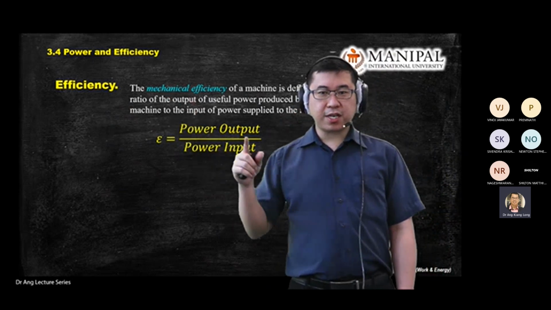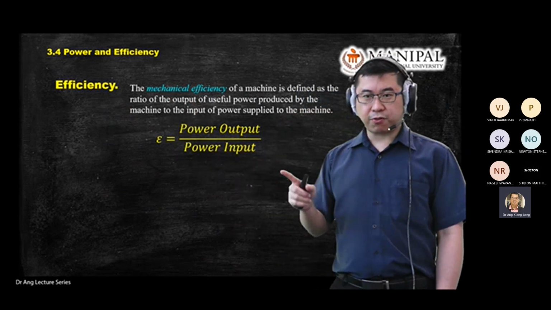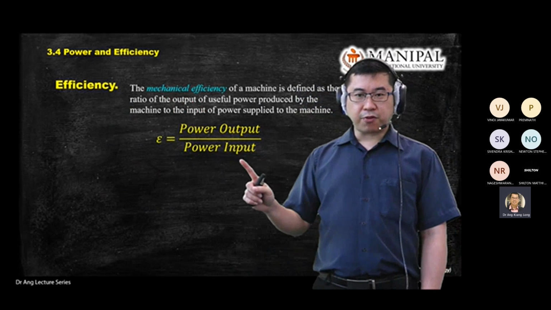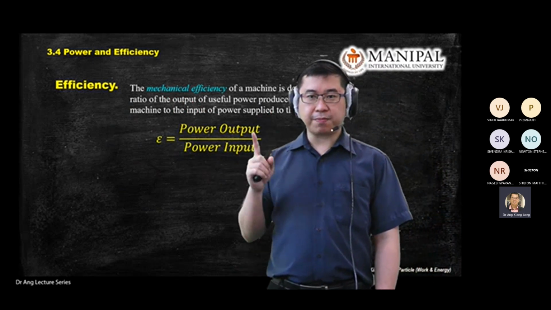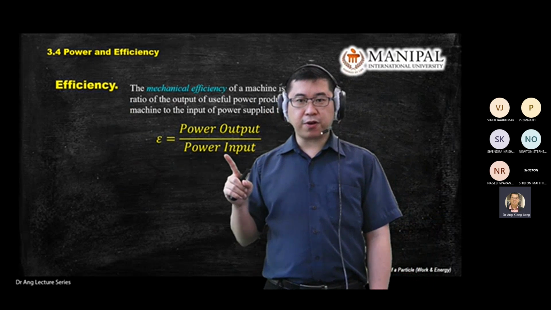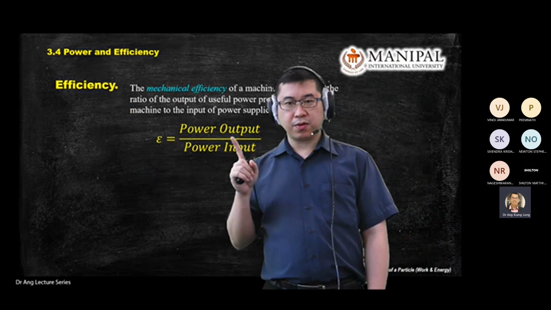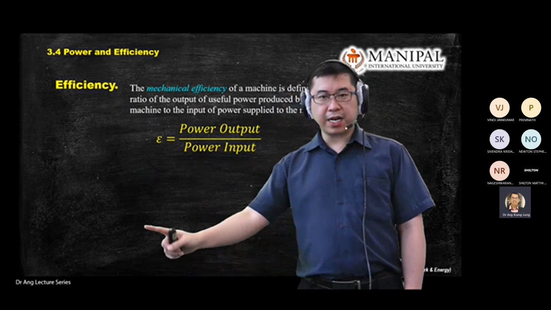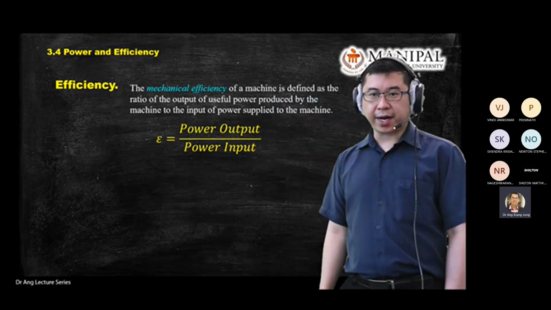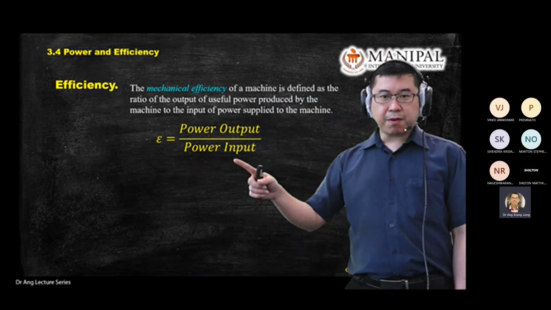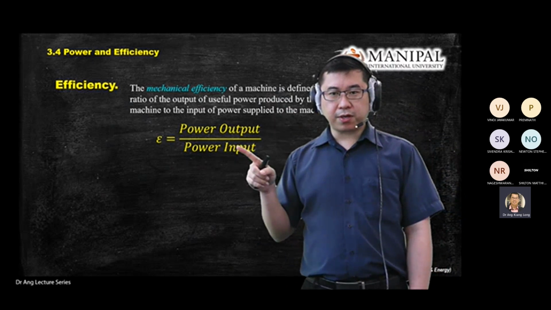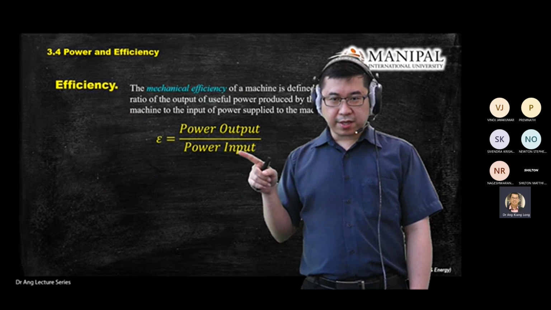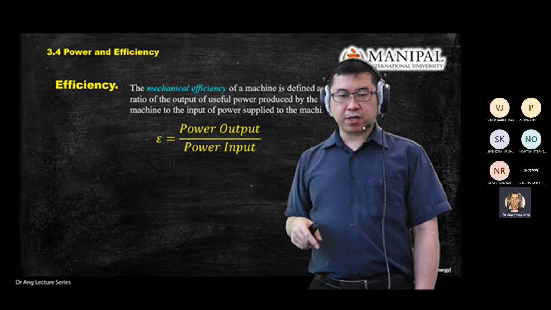Efficiency of 1 means 100% efficiency. If your input equals your output, you get efficiency 100%, or in ratio form, 1.0. The maximum value for efficiency is 1. The minimum value for efficiency is 0, because if you input 10 and there's no output, you get 0.